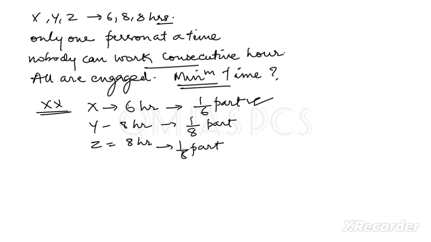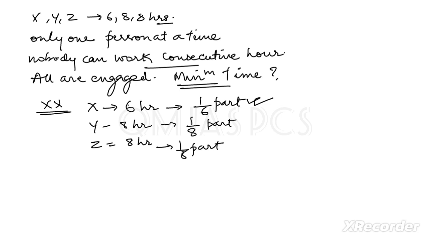Now our hint is given: only one person at a time and no consecutive hours. We have to take the minimum time. That means we have to engage the maximum efficiency persons as much as possible. Got it?